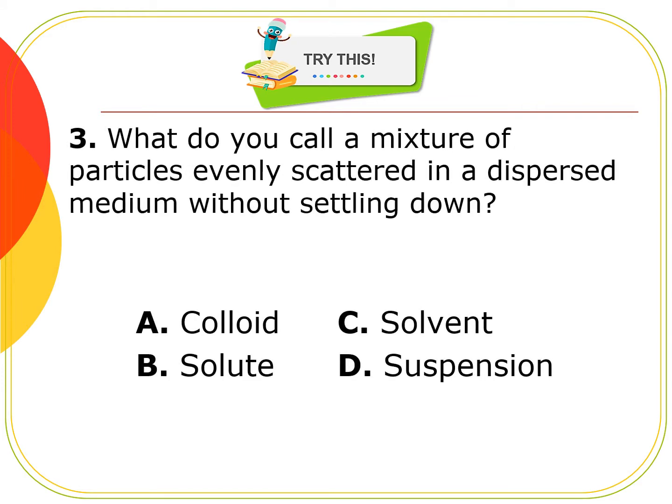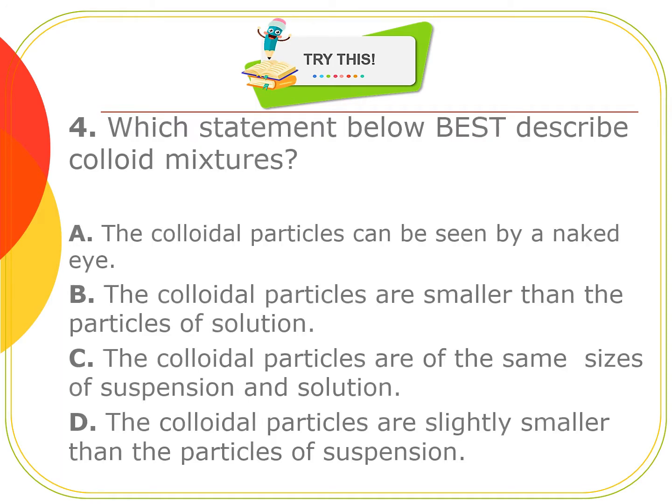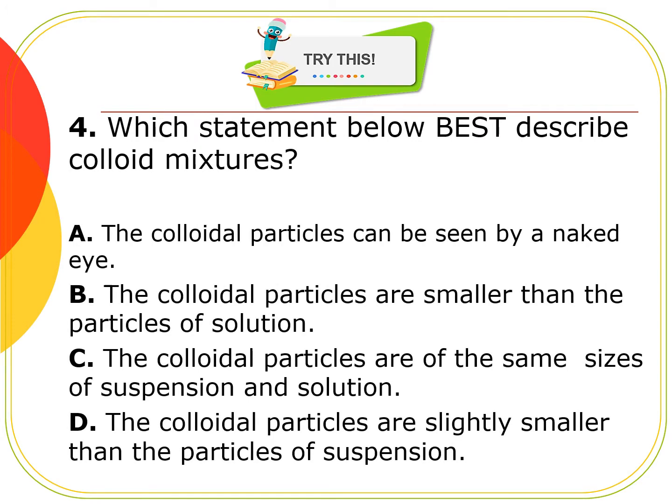Number 3. What do you call a mixture of particles evenly scattered in a dispersed medium without settling down? A. Colloid. B. Solute. C. Solvent. D. Suspension. Number 4. Which statement below best describe colloid mixtures?